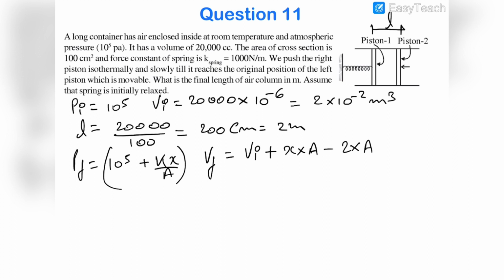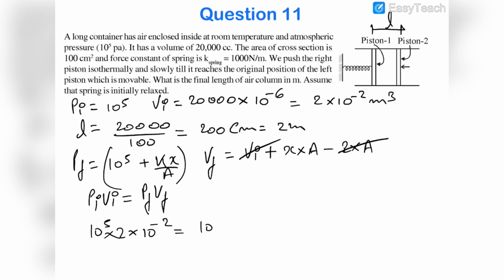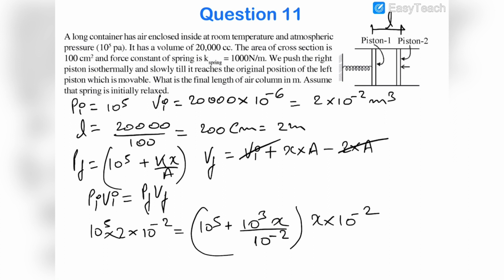So you can see that the initial volume terms cancel out, and we can apply P initial V initial equals P final V final. So P initial is 10 to the power 5 and V initial is 2 into 10 to the power minus 2, and P final is 10 to the power 5 plus k, which is 10 to the power 3, x, area is 10 to the power minus 2 in meter squares, multiplied by x into area, which is 10 to the power minus 2.